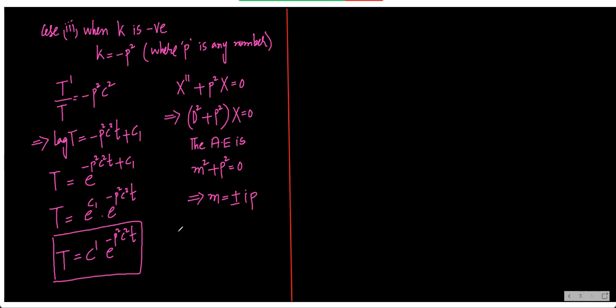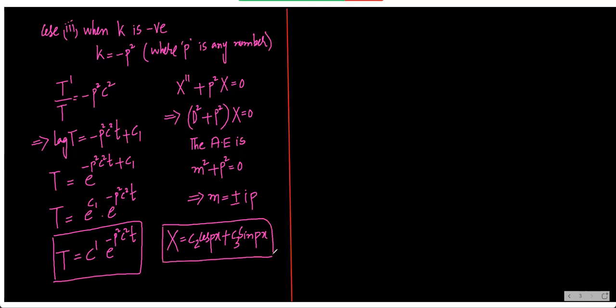So when writing the solution, capital X is equal to C1 already involved here, C2 cos px plus, the imaginary part solution, complex roots, C3 sin px. This is called another thing.